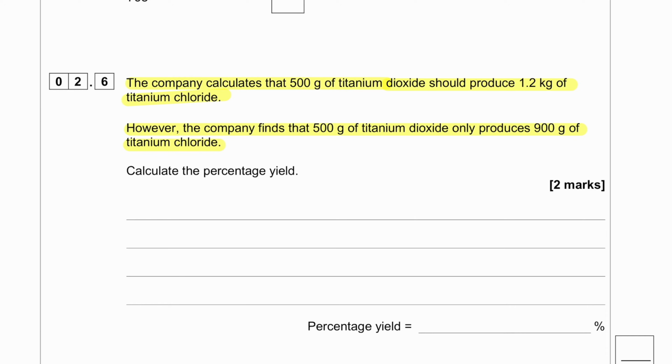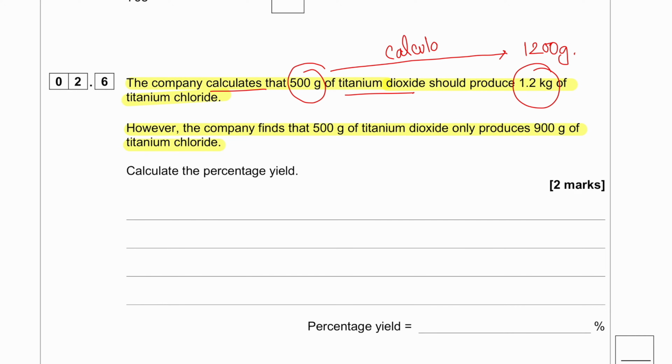So in calculation, 500 grams of titanium dioxide was supposed to produce 1.2 kilograms, or let's say 1200 grams of titanium chloride. It's just a calculation in the notebook that says if you have 500 grams of titanium dioxide, you're going to get 1200 grams of titanium chloride.